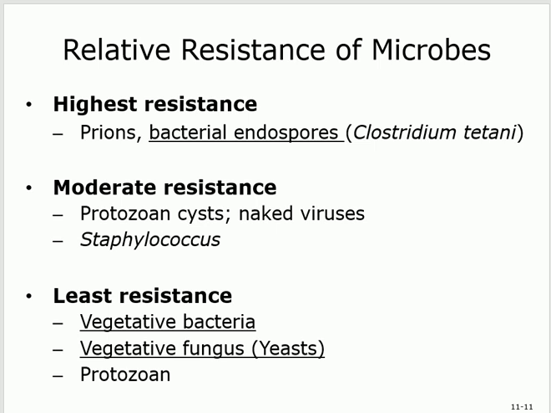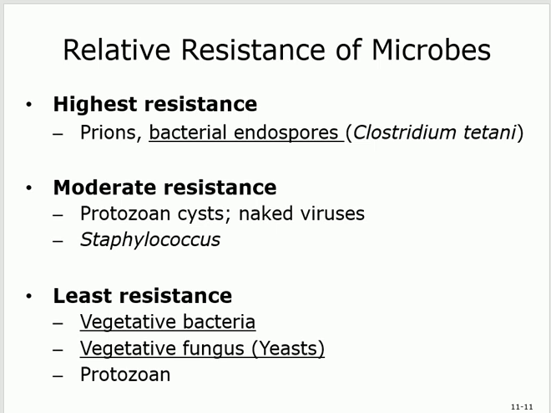But here is a question: what is the hardest to get rid of? Bacterial endospores. You say it all together, not just endospores, because there are other endospores. Bacterial endospores, specifically, and prions. Moderate: protozoan cysts, the naked viruses, staphylococcus. What's the staphylococcus? It's a bacteria.